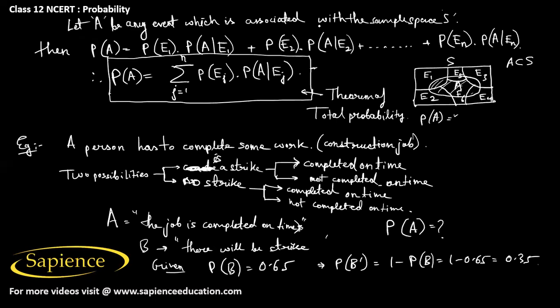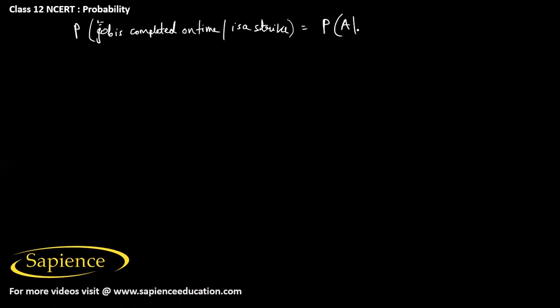Then it is told that the probability that the construction job is completed on time, given that there is a strike, means the probability of the event A given that B has happened, is 0.32.